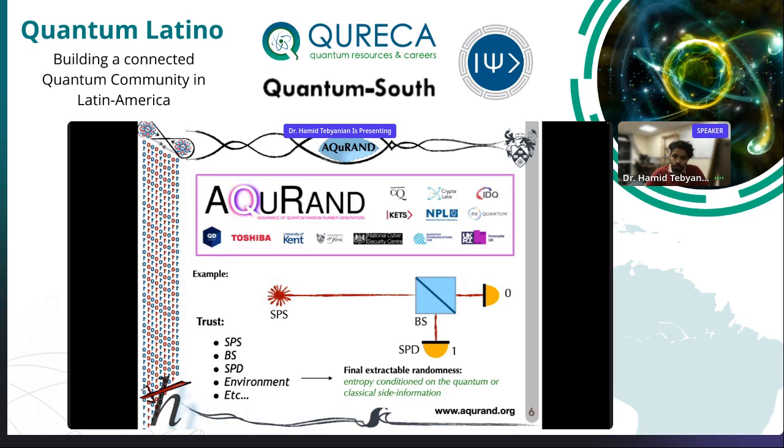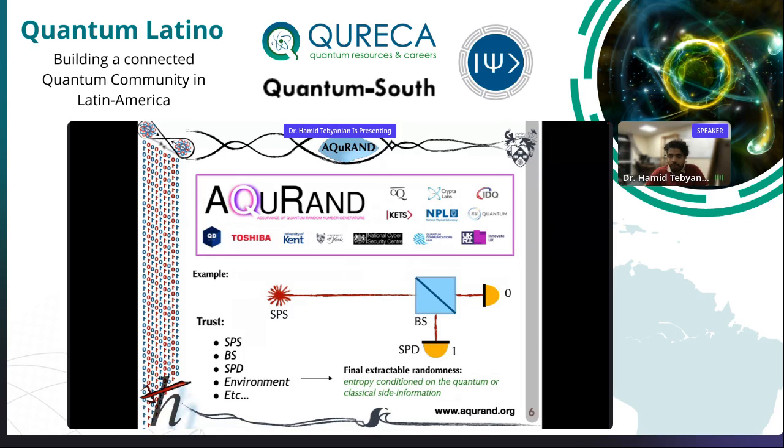There are industrial and academic partners, including the University of York and NPL, which theoretically and experimentally try to certify pure quantum randomness from these industrial partners.